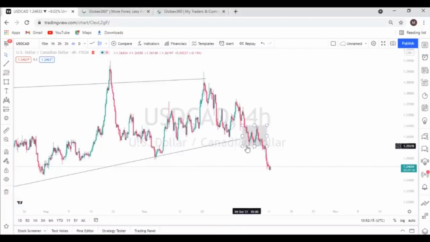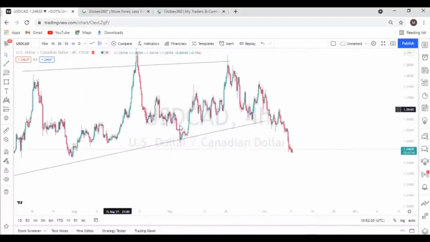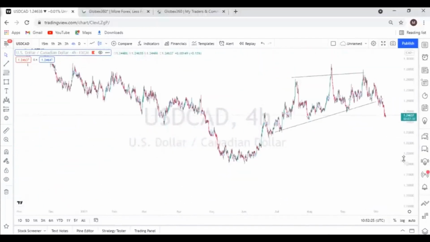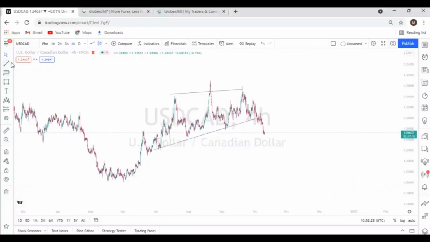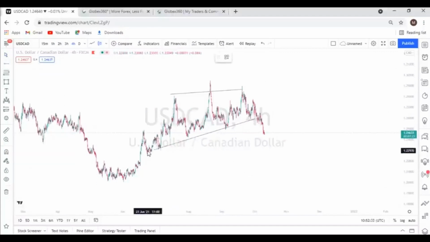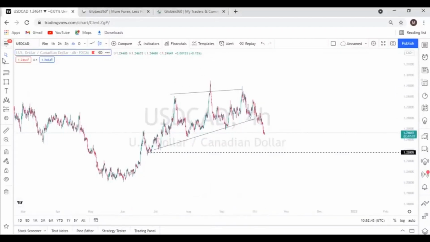So I'm showcasing this setup because there are still tons of entries that you can have. Because if you draw your highest highs and lowest lows, we can do that 90% rule. And let's just put our highest high here.